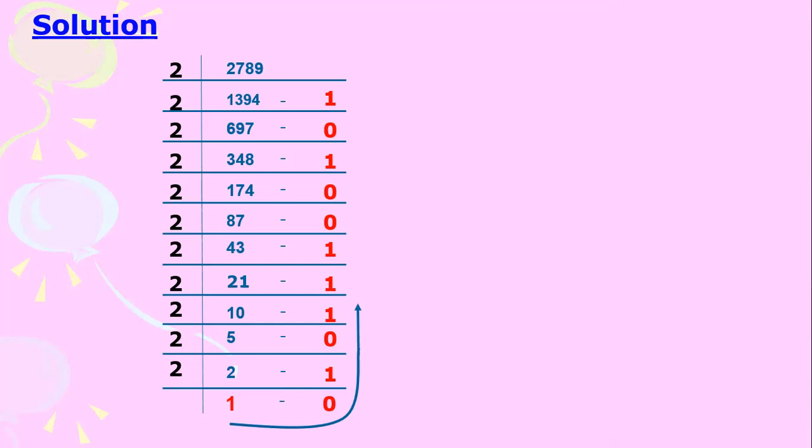And therefore, we pick those remainders, as you can see from the arrow that I have indicated, commencing with the last remainder towards the remainder that you got at the first division. And therefore, that gives us 1, 0, 1, 0, 1, 1, 1, 0, 0, 1, 0, 1 binary. So that is the binary equivalence of 2789.